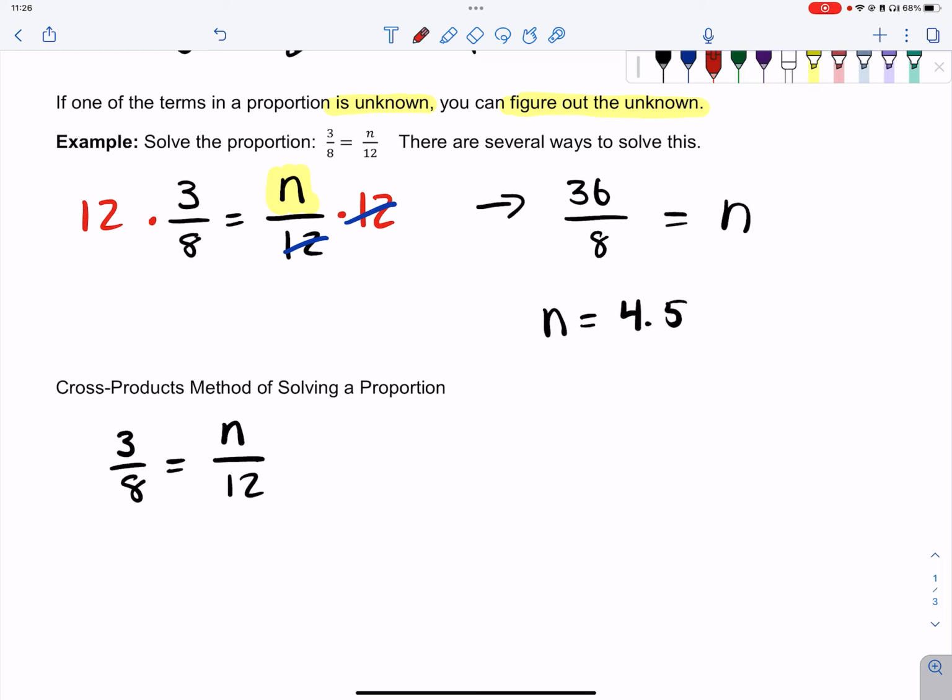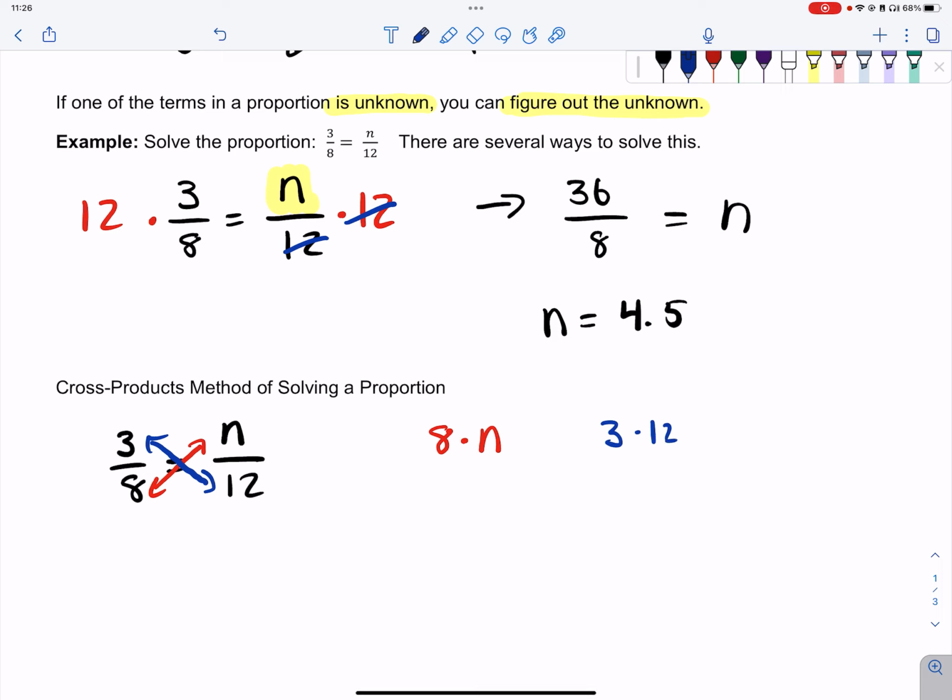And how we solve with the cross product method is we take the diagonals of each other and multiply those together. So I am going to have 8 times n, and then I want to take the other diagonal, which is going to be 3 times 12.